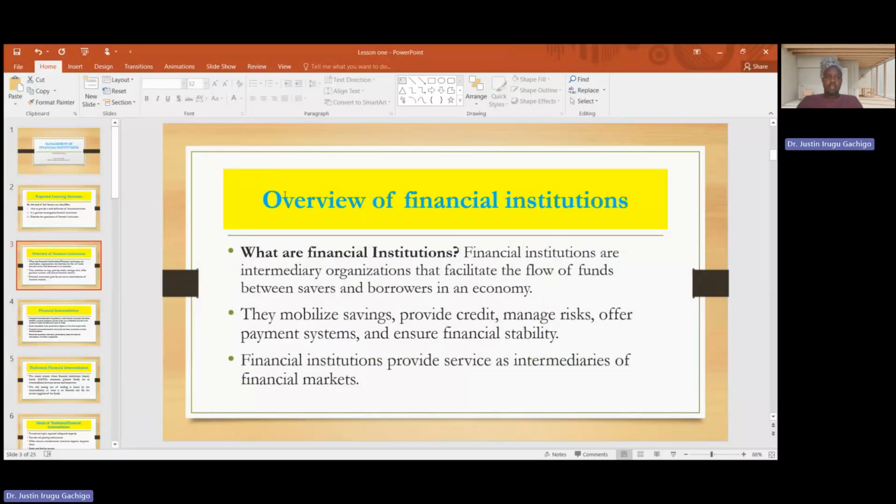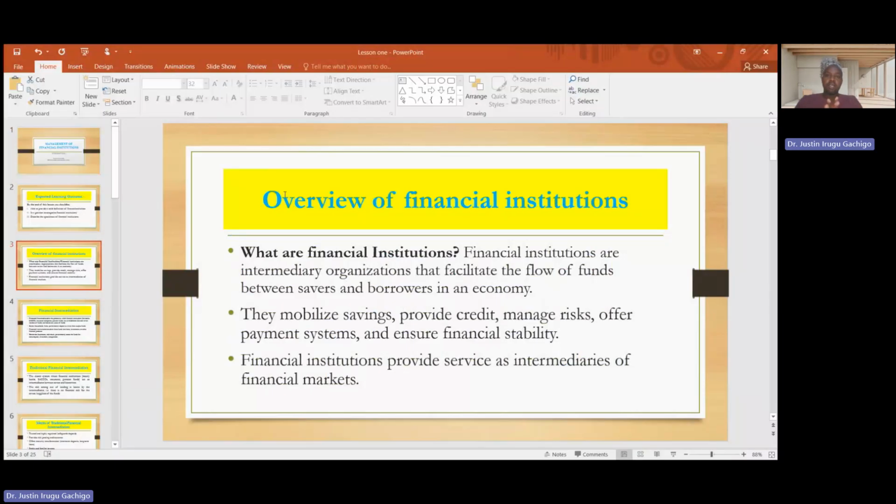And I'm very sure that all of us here have transacted in one way or another with a financial institution, be it a bank, a SACCO, a fintech, a microfinance, an insurance, or another saving scheme. These are the ones that we are referring to as intermediaries. They go between the savers and the borrowers.